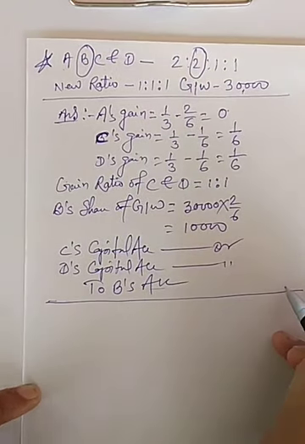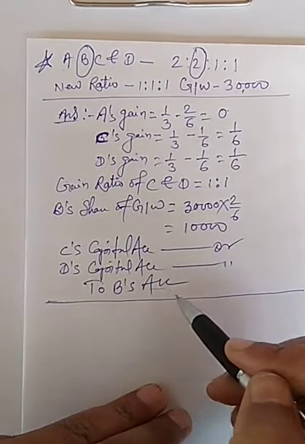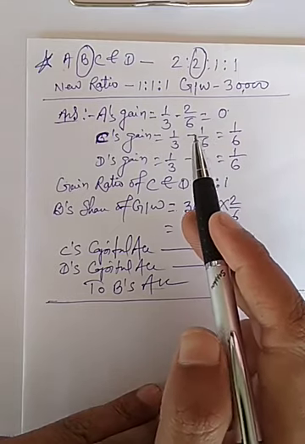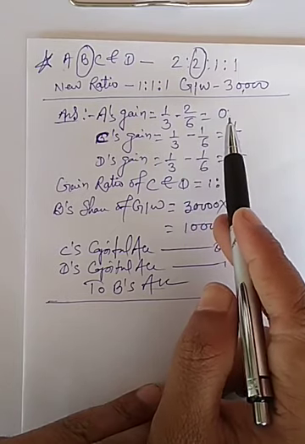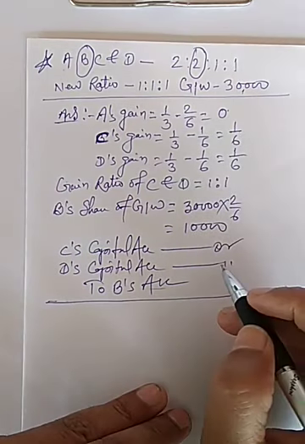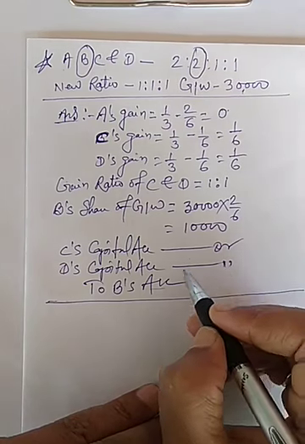A will not be involved in the journal entry because A has not sacrificed or gained, so it will not come in the journal entry.